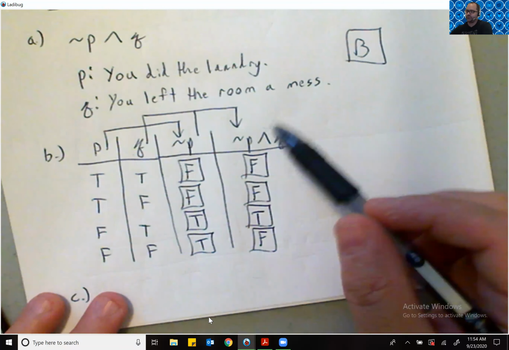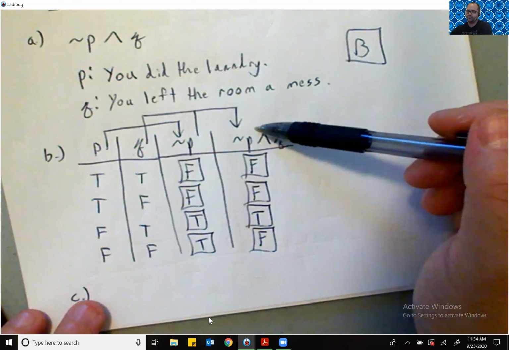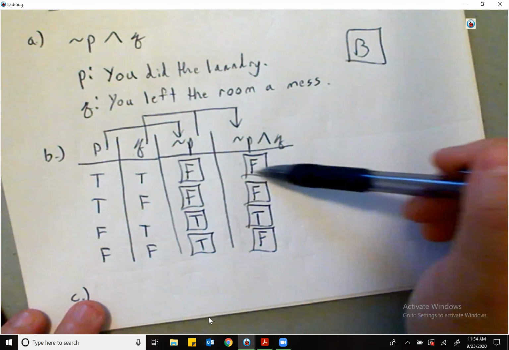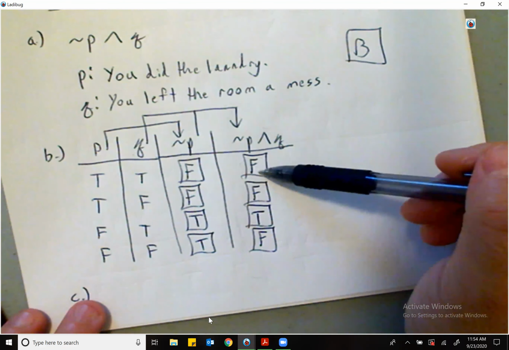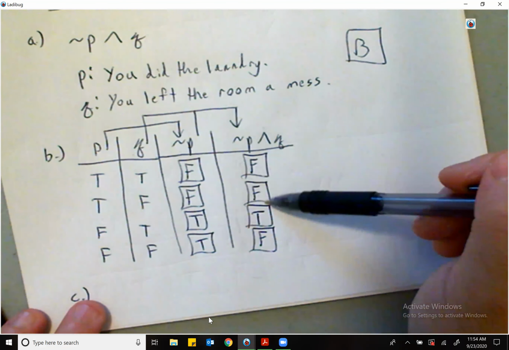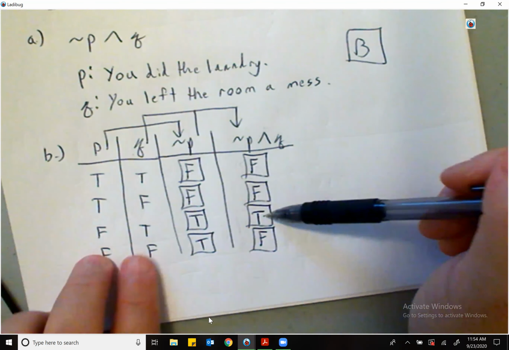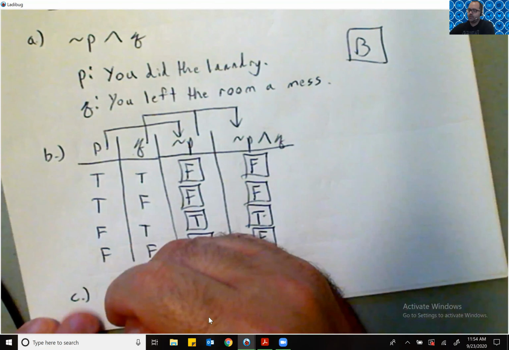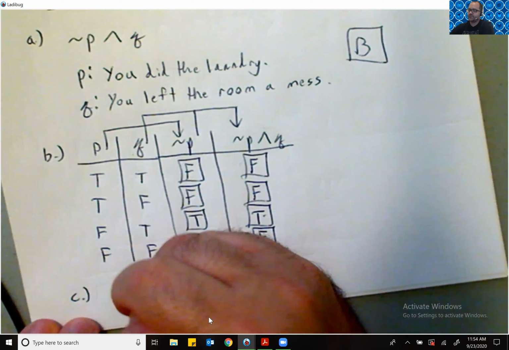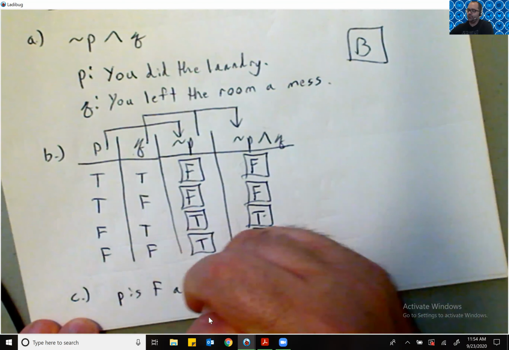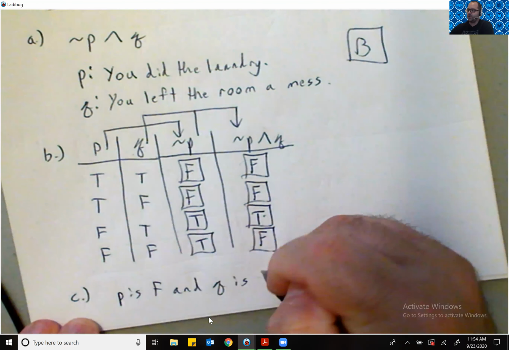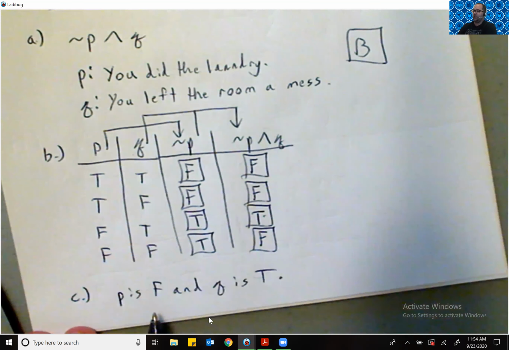Where is it that we were true in here? Well, the only instance where the thing is true is when the P is false and the Q is true. There you go. P is false and Q is true. So we need to find one of our multiple choice statements that says that.